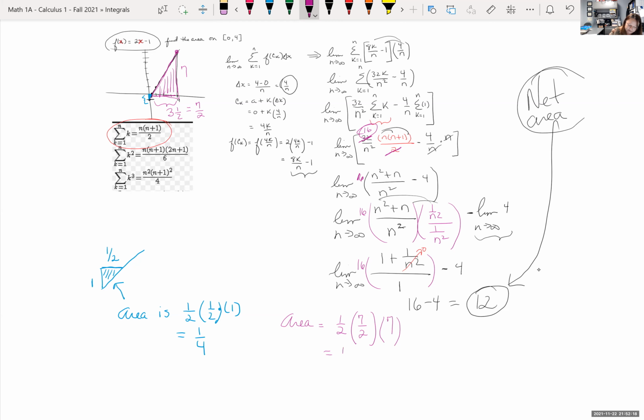Here we go. So if I look at 49/4, the area above minus my area below, that should give me my net area of 12. So 49/4 minus 1/4, that is 48/4, which is 12.